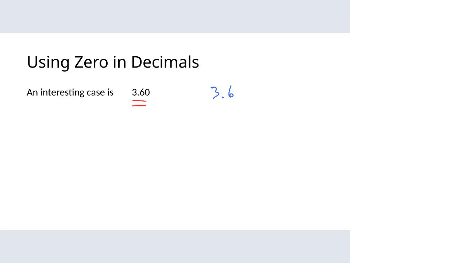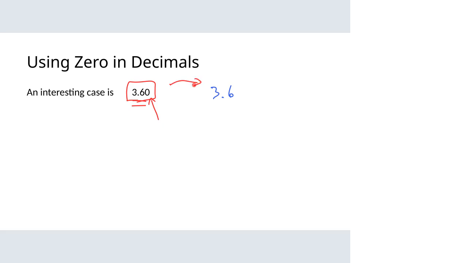And that's a great question. The reason would be, if, let's say, you were doing some kind of scientific laboratory experiment and you wanted to make sure everybody knew that the tools you were using were accurate to the nearest hundredth. In a case like that, that's a reason you might write 3.60 instead of just 3.6.